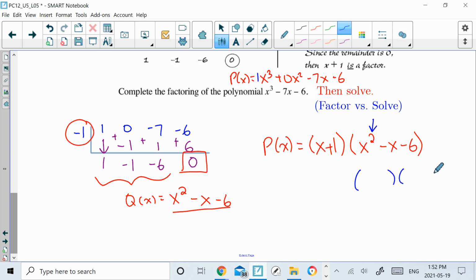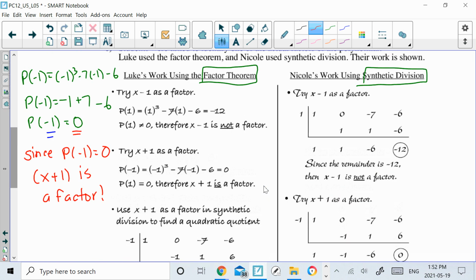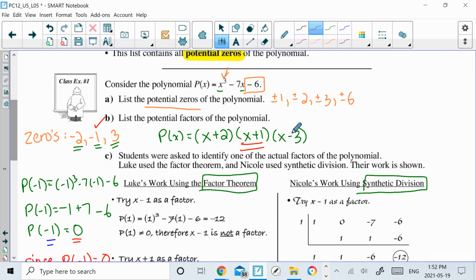So what two numbers multiply to -6 and add to -1? That would be -3 and +2. I'm just going to bring down that factor, and then P of x is equal to this. This is my completely factored answer, which I already knew before I even started this question, right?